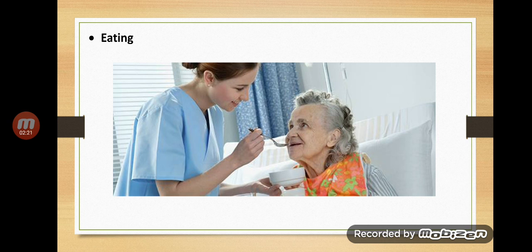Any paralysis patient, those patients cannot eat food with their own hand. So for those kinds of patients we have to see whether they are able to eat by themselves or not. If they are unable to eat, then we have to feed them, or else we have to assist them.